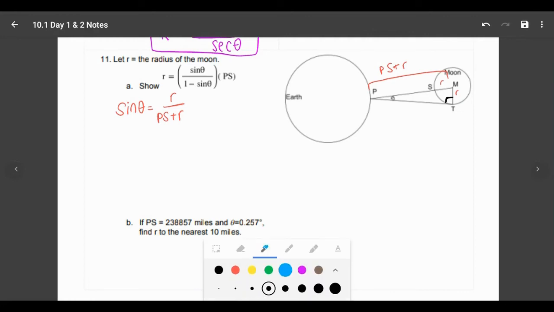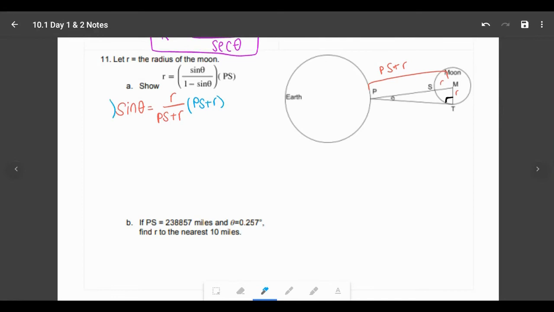So I'm going to go ahead and multiply both sides by PS plus r. And when I do that, I'm going to distribute at the same time on my left-hand side. So I have PS sine theta plus r sine theta equals just r.